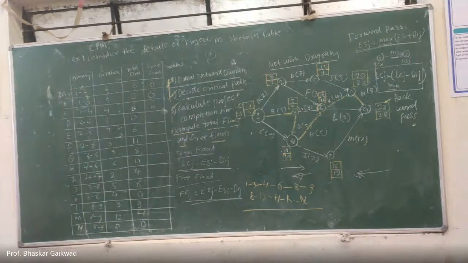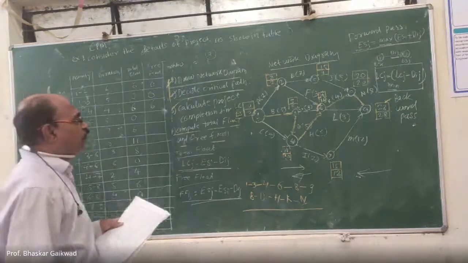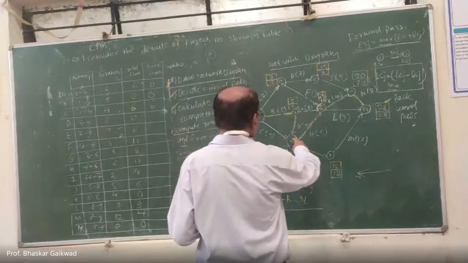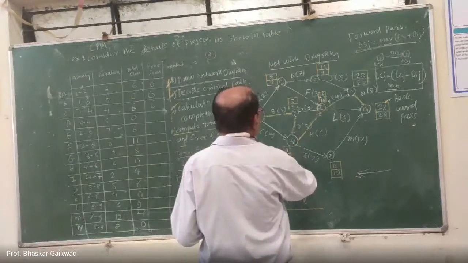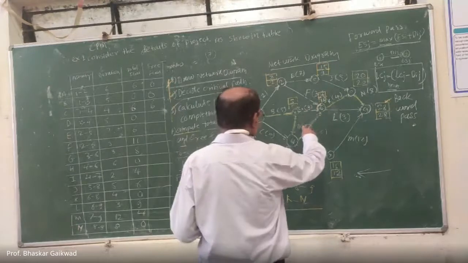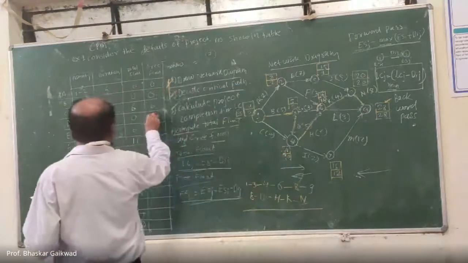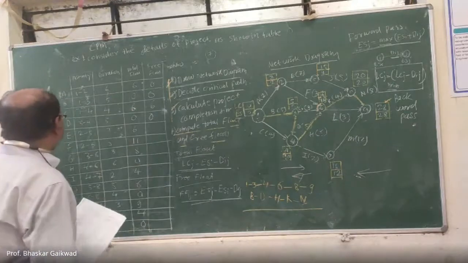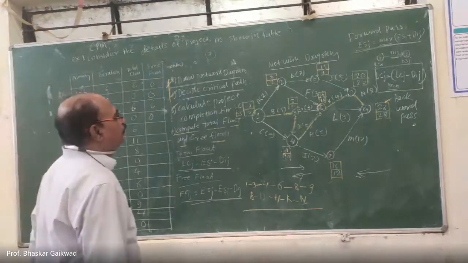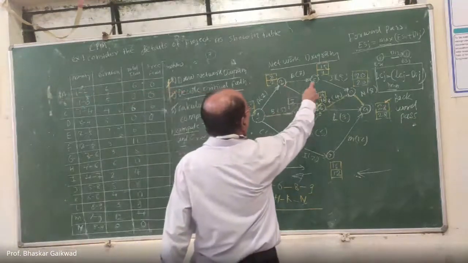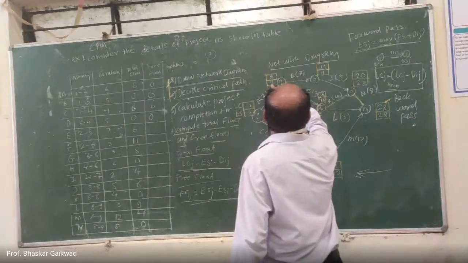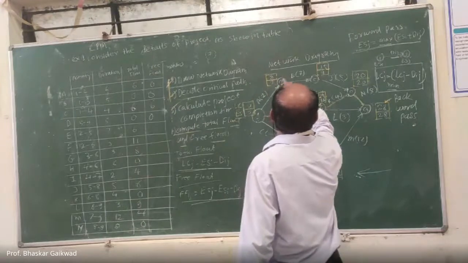Activity C. Then activity D, 3 to 4. So here 10 is there. 10 minus 5 minus 5, 0. You can use this formula. After that E, 2 to 5. So here 9 minus 2, 7. 7 minus 7, 0.